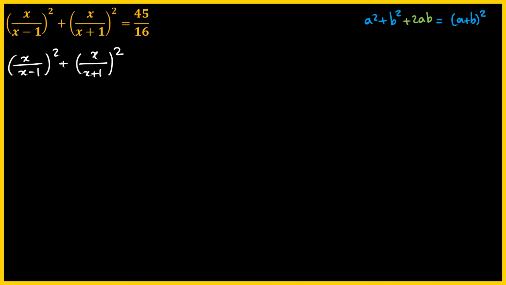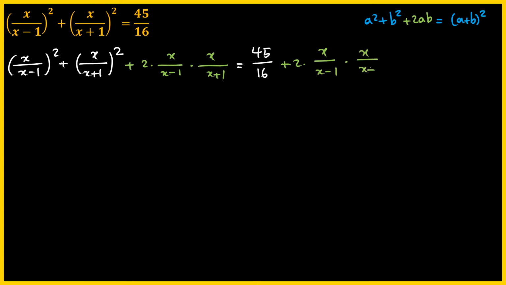Now, in order to complete the square, we can add 2 times x/(x-1) times x/(x+1). And we need to do the same thing on the right-hand side. So we need to add 2 times x/(x-1) times x/(x+1).